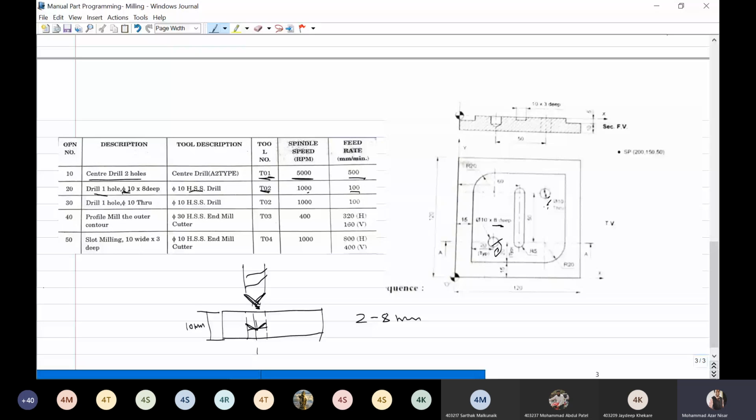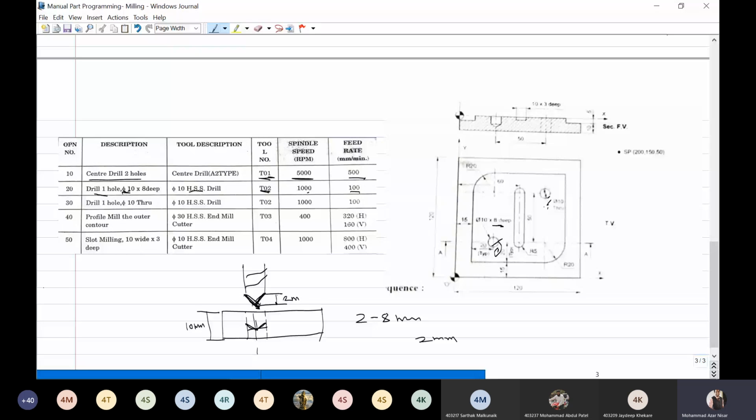So for that you have to take a breakthrough distance. You have to take 2 mm or 3 mm more as per this depth, so that the depth of the hole should reach this 8 mm or any value they have given.